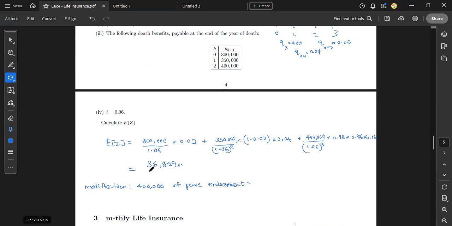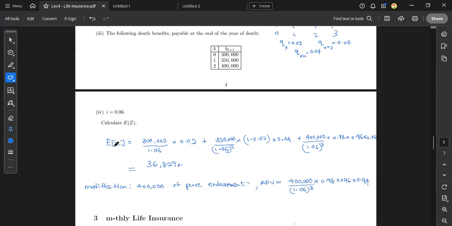So that means the actual present value of that one is 400,000, since it is paid at the end of the third year. So this is the present value. And the probability of this occurring means surviving for the first year, surviving for the next year, and surviving during the last year. And this is the pure endowment.